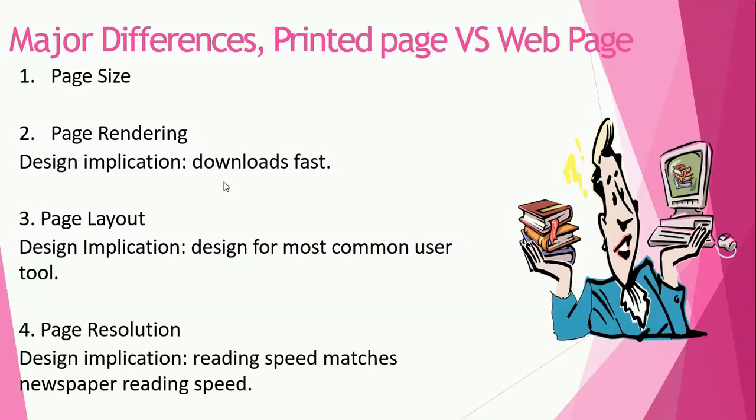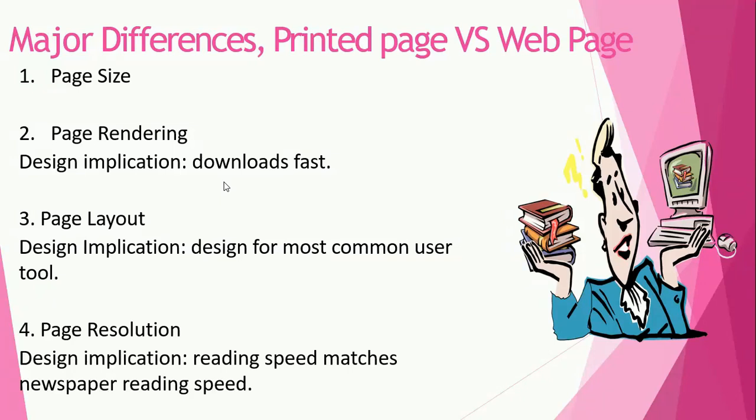So what can we do for the slower reading in the case of web pages? We say the web page contents cannot be read very fast. So the design implication here is to provide an easy way to print long web documents also.